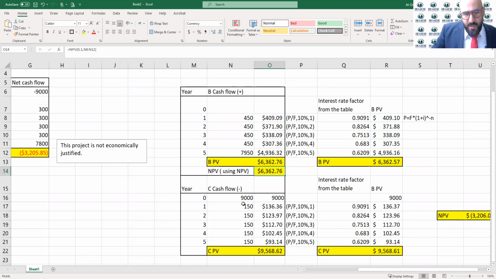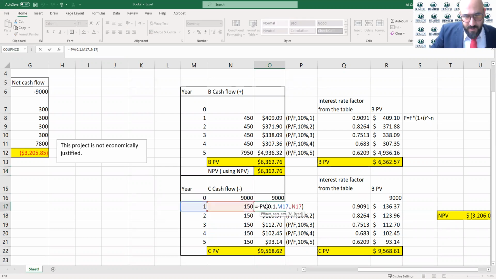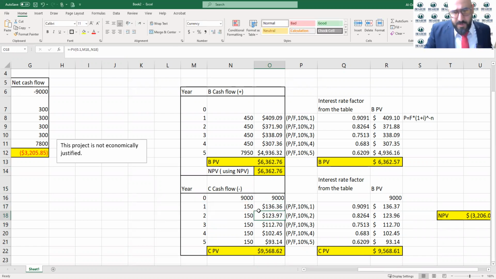As you see here, we listed all the negative cash flow, and we used the PV function in order to make sure that these are kept as positive because we know they are already cost. So we don't want to confuse you by having a negative and saying cost. Yes, it is cost.